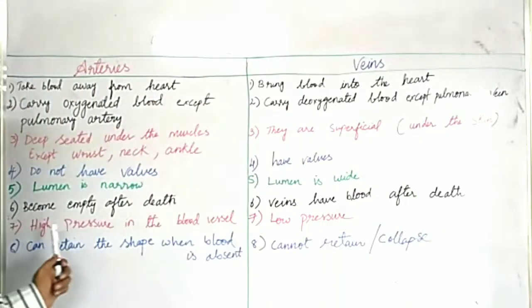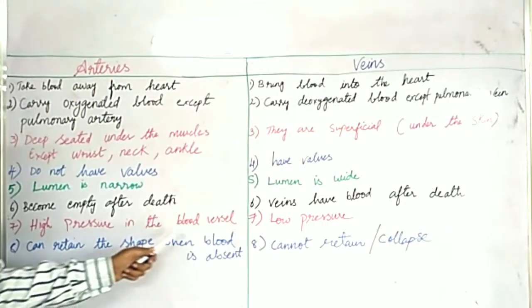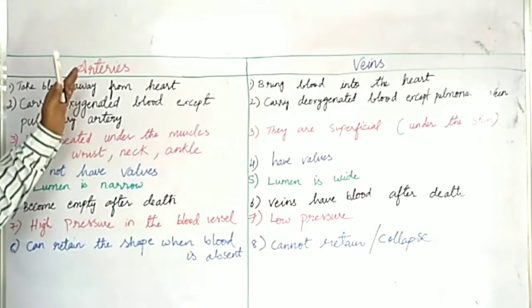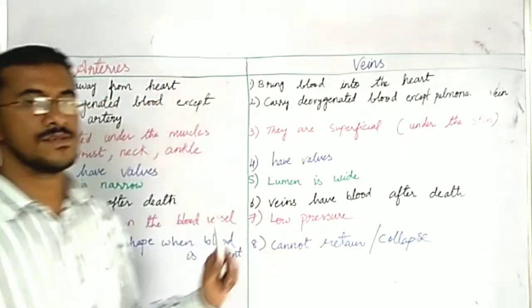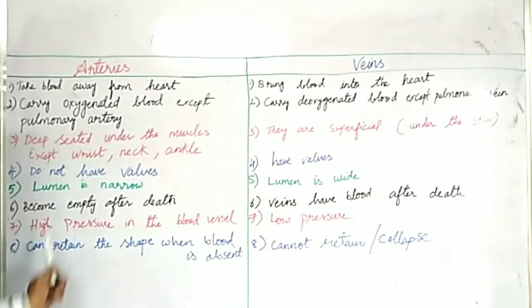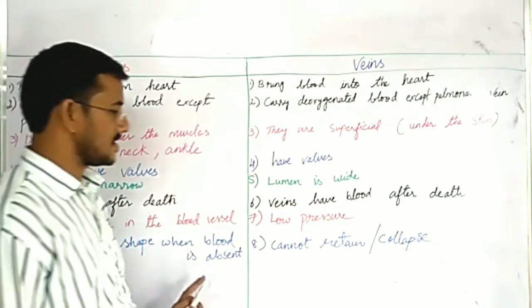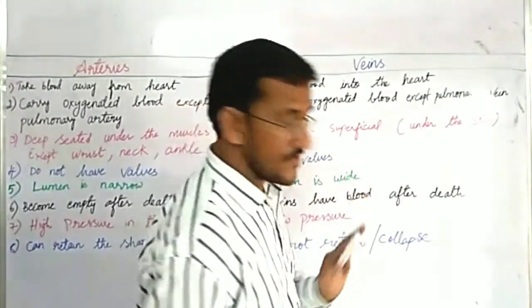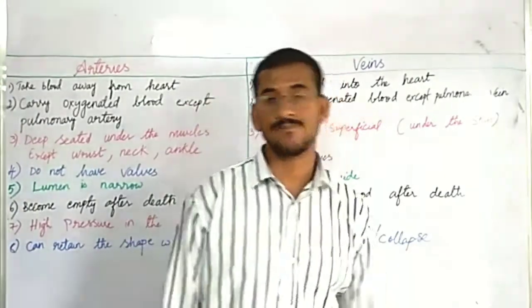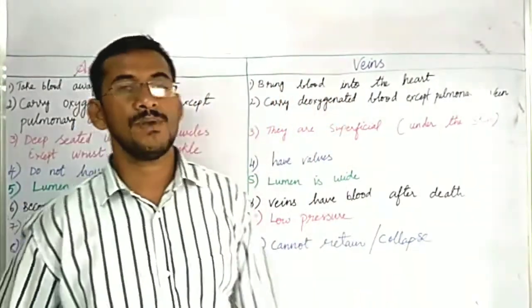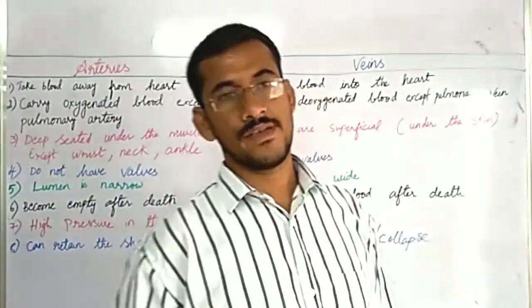In arteries, pressure is high, whereas in veins pressure is low. An artery can retain its shape when blood is absent, but veins cannot retain their shape; they collapse when blood is not there in the blood vessel.